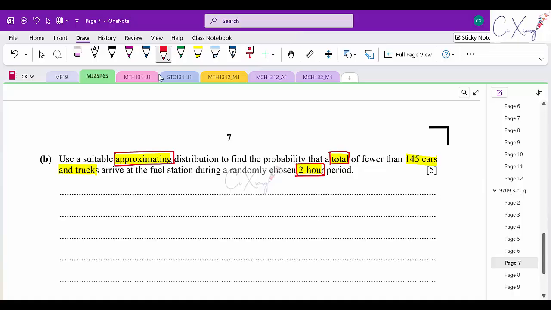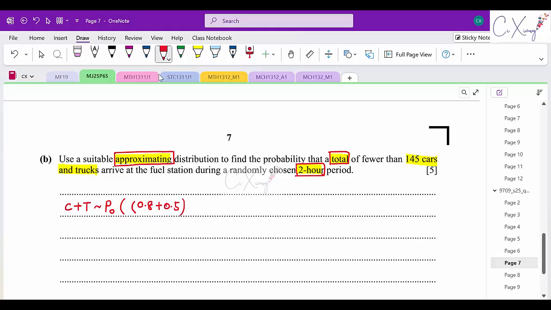All right, so let's have a look at C, car plus truck first. Car is Poisson, truck is Poisson, car plus truck is still Poisson. All right, and what is the lambda for car plus truck? So car for 1 minute is 0.8. Then the truck for 1 minute is 0.4. But that's for 1 minute, right?